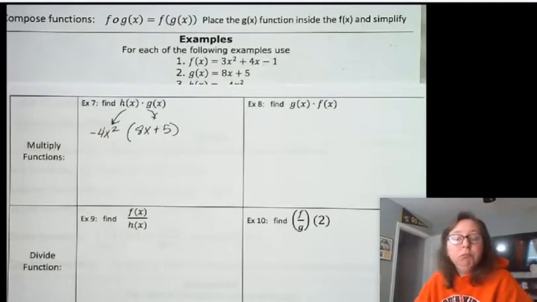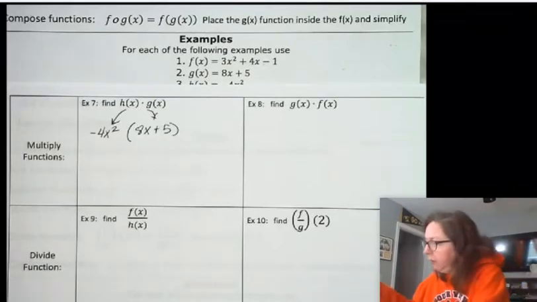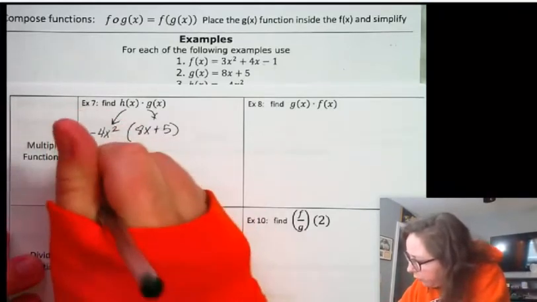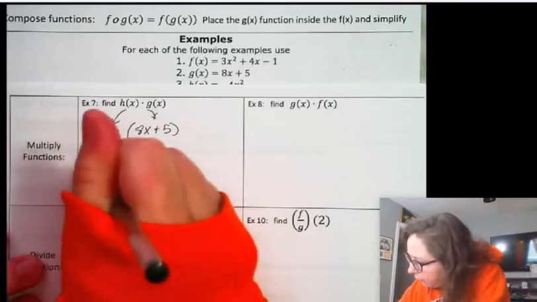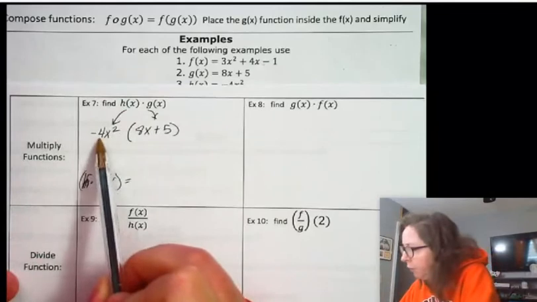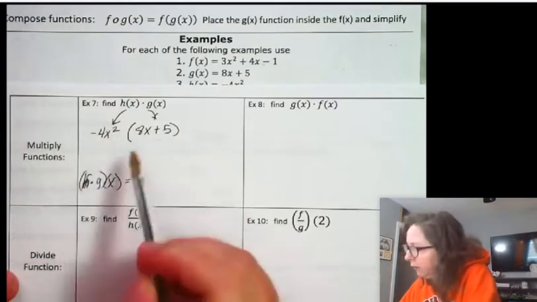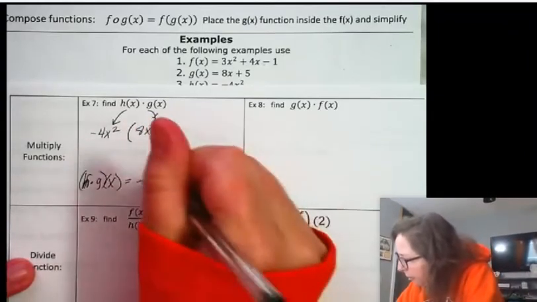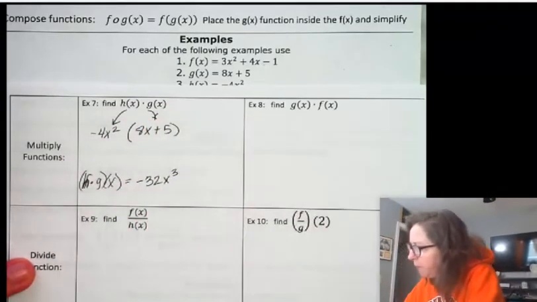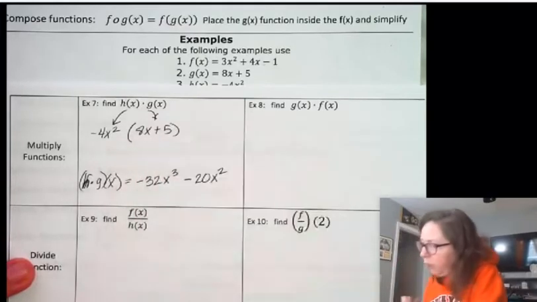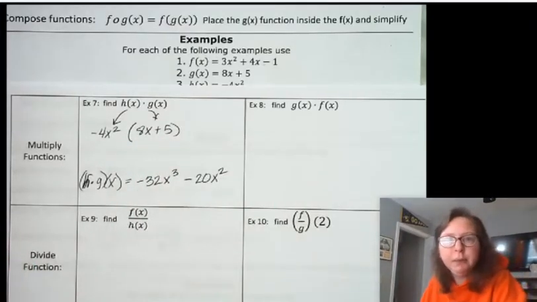All right, so I'm just going to go ahead and distribute, and that's going to give me h times g of x. So negative 4x squared times 8x is negative 32x cubed. And then negative 4x squared times 5 is negative 20x squared. And that's it. I'm all done.